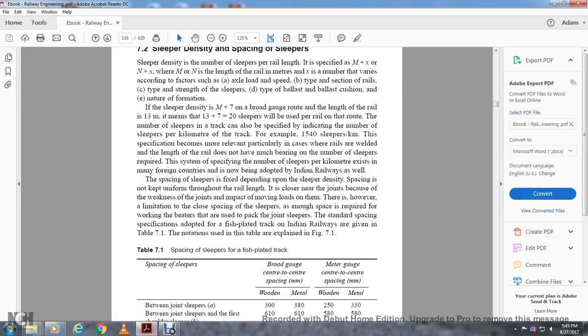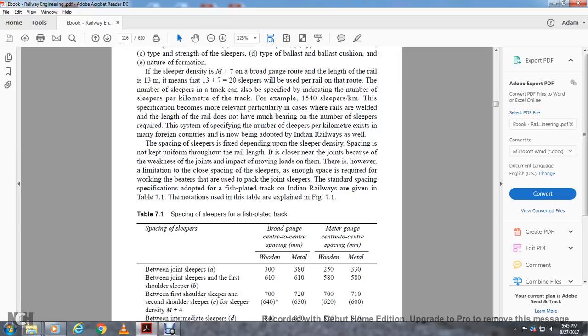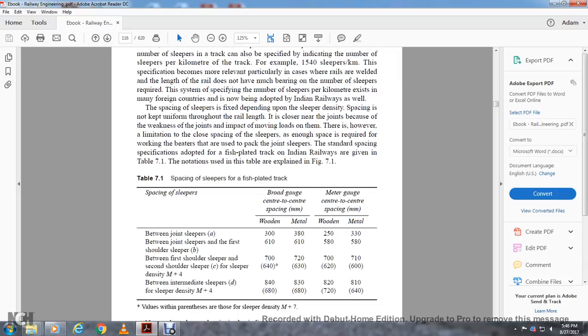Spacing of the sleepers, fish-plated track. Between the joint sleepers, 380 with wooden sleepers on broad gauge. The first shoulder sleeper, 610. Between the first shoulder sleeper and the second shoulder sleeper, with sleeper density M plus 4, 640, 630. Between the intermediate sleepers, with sleeper density M plus 4 on broad gauge, center spacing 680, 680.